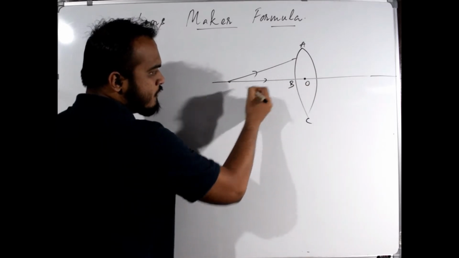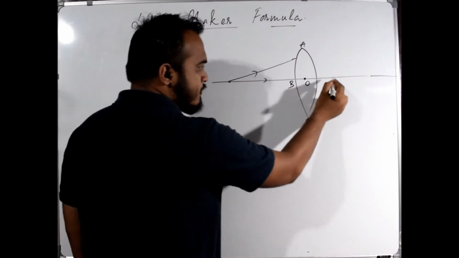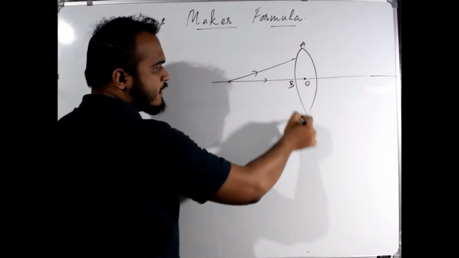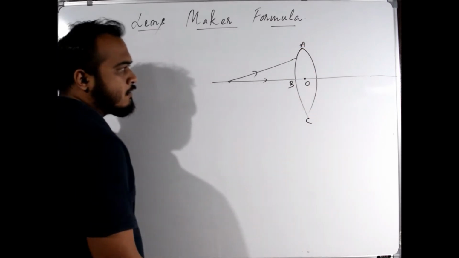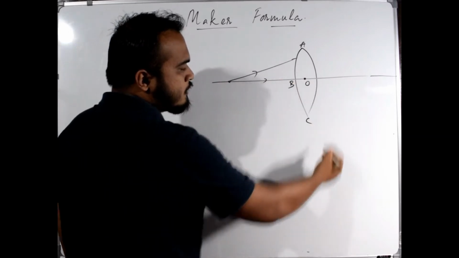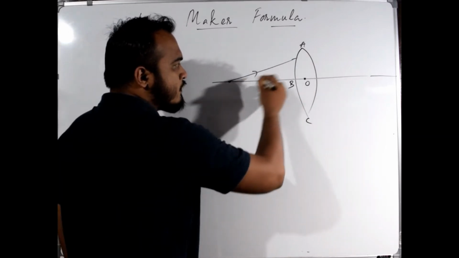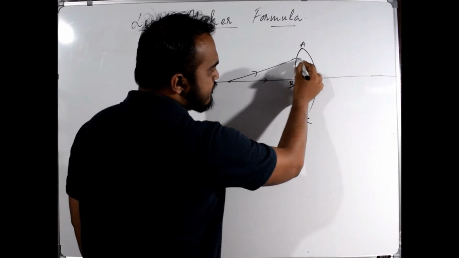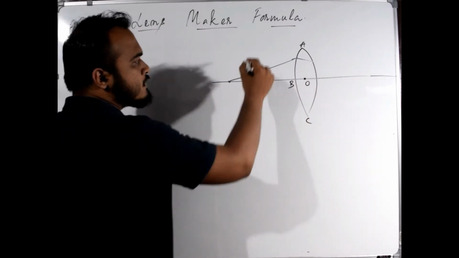Another ray strikes the surface ABC normally. This ray will not undergo any refraction, but the first ray will undergo refraction. After refraction, it will move somewhat in this direction.